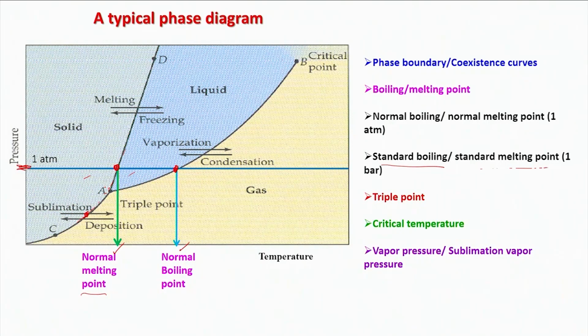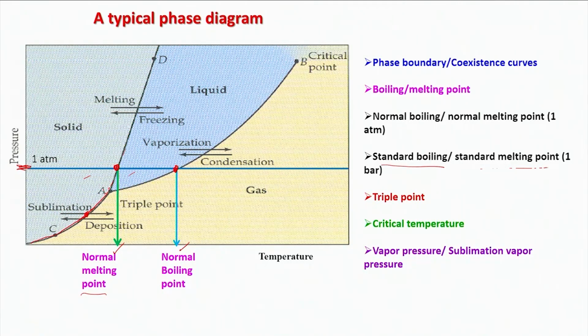Similarly, cooling of the gas at 1 atmospheric pressure, even at a very low temperature, will not give you any deposition of the solid. That is simply because, once again, this sublimation or deposition curve is non-existent at 1 atmospheric pressure.